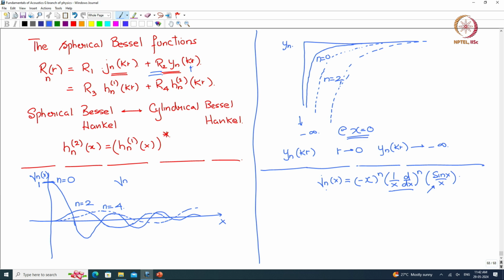If n is 2, this operates twice on this function. That's how it works. Then Yn of x is equal to minus x to the power n, 1 by x d by dx to the power n, cos x by x.